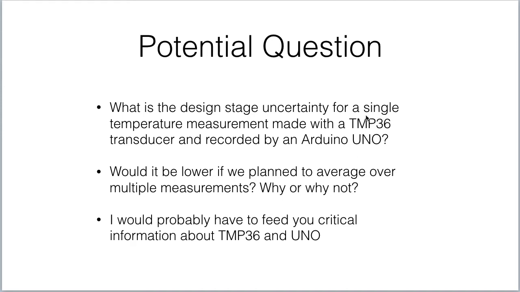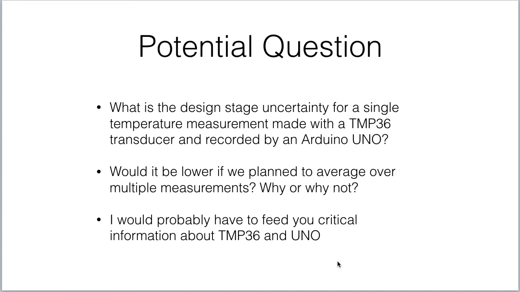So we would only get a lower uncertainty if we not only took multiple measurements from one TMP36, but took multiple TMP36s and measured the same system we were interested in with multiple different TMP36s with different manufacturing error biases.